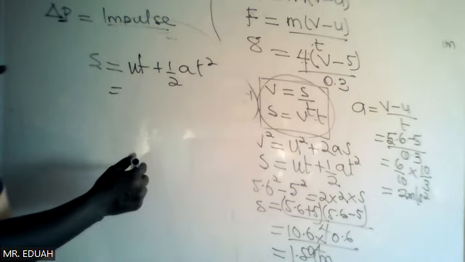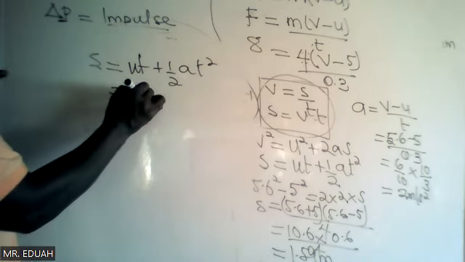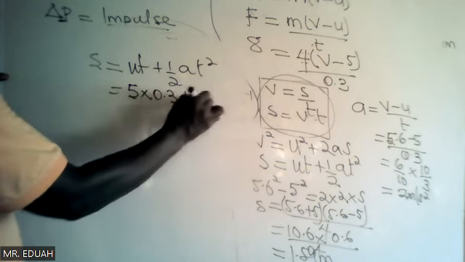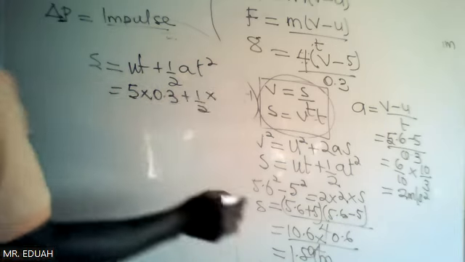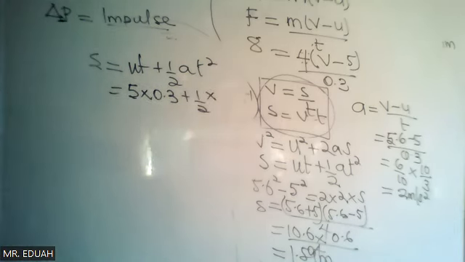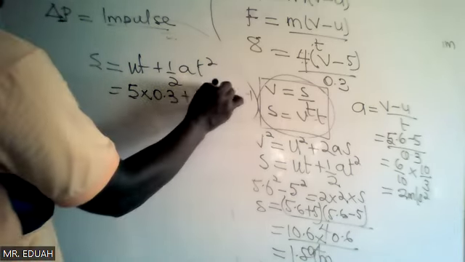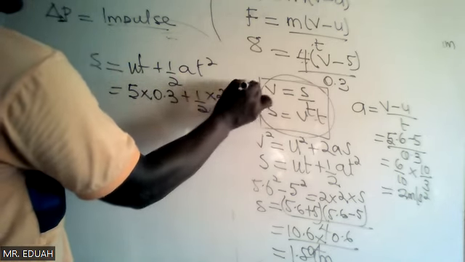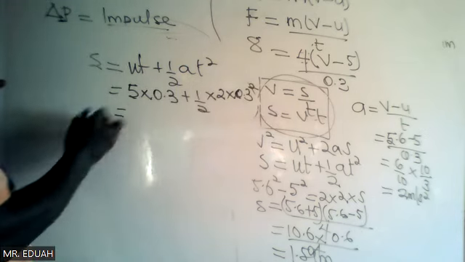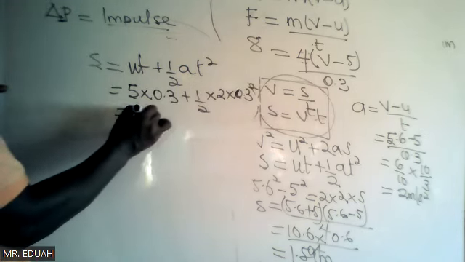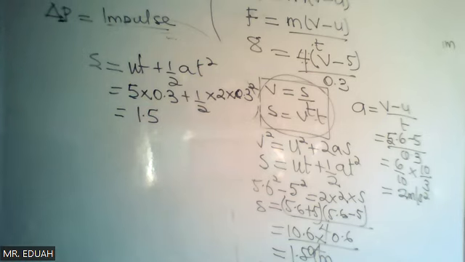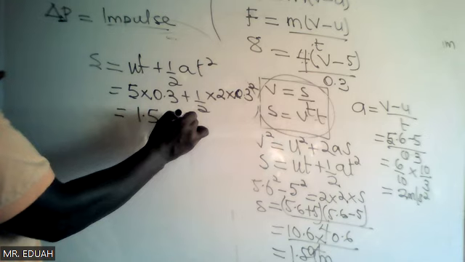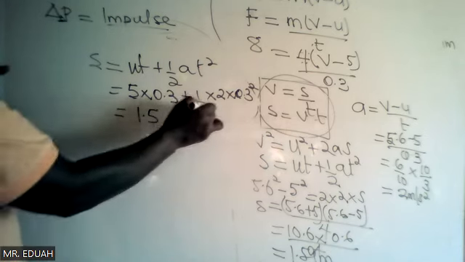Our U is 5, T is 0.3, plus half times, what is A? Acceleration is 2, times 0.3 squared. So this is 1.5, 3 on 10, 1.5 plus 0.3 squared.